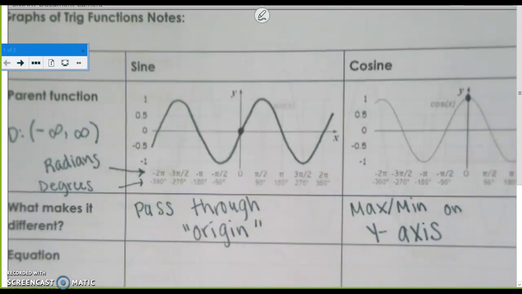So cosine will have the maximum or the minimum on the y-axis.